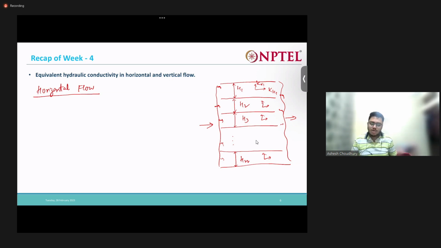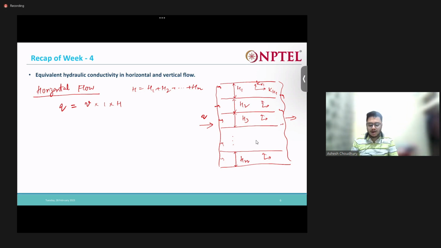Now we want to determine the equivalent hydraulic conductivity of these layers when the flow is horizontal. When the flow is horizontal, the total flow q is equal to v into 1 into H, where capital H is the sum of h1, h2, up to hn, the total height of the stratified soil, and v is the average discharge velocity.